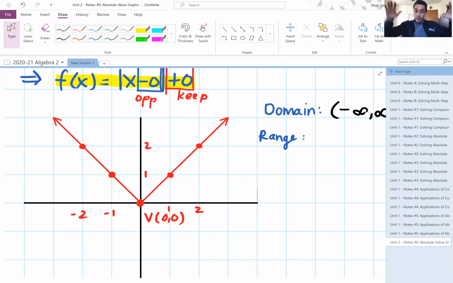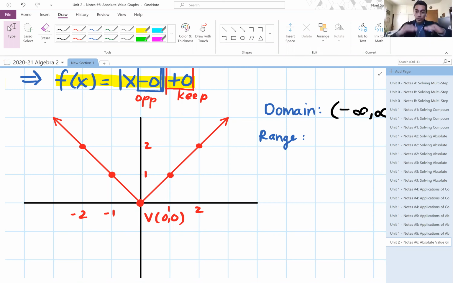Y values. Domain was all about x values, so left and right, because the x-axis runs horizontal. Range is y values. Range is vertical, up and down.